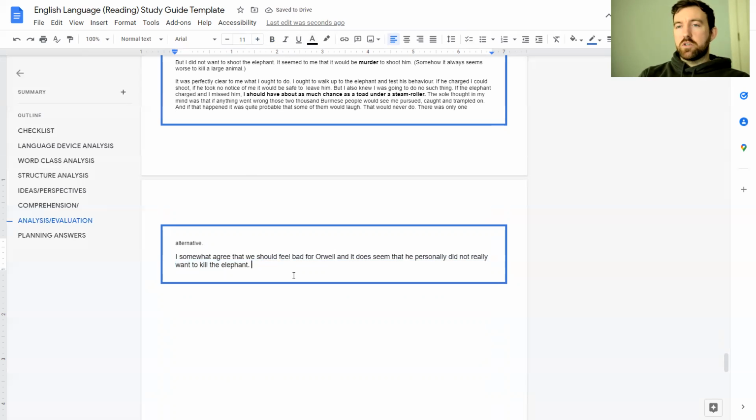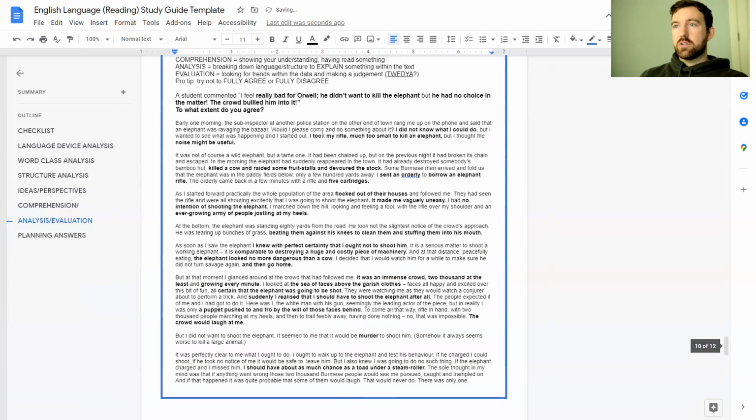And then what we would do is go into some of the evidence and break down that evidence. Firstly, because Orwell starts off with a quote, "rifle much too small to kill an elephant."